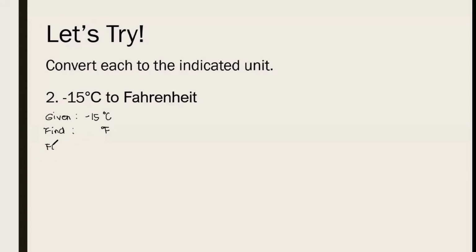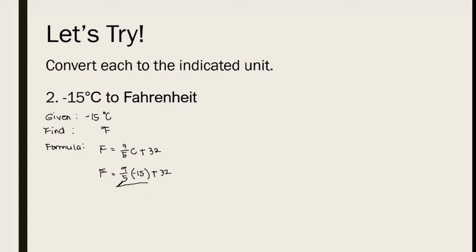As for the formula, we're going to use F is equal to 9 over 5 times C plus 32. We're going to substitute the value of degrees Celsius here in the formula. F is equal to 9 over 5 times negative 15 plus 32.